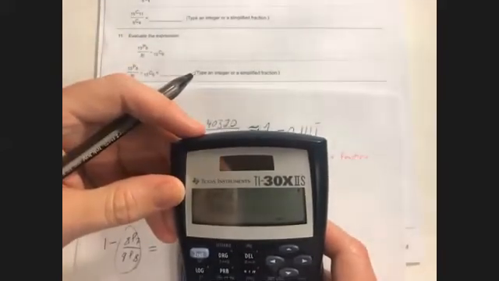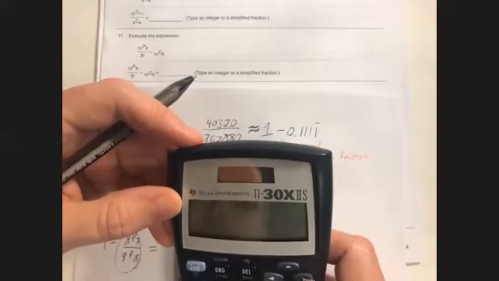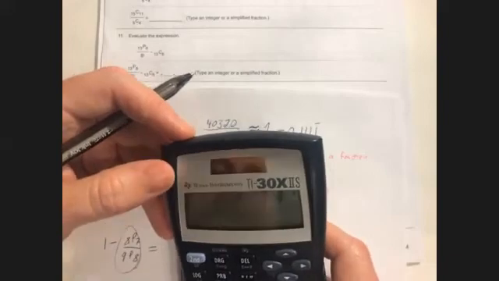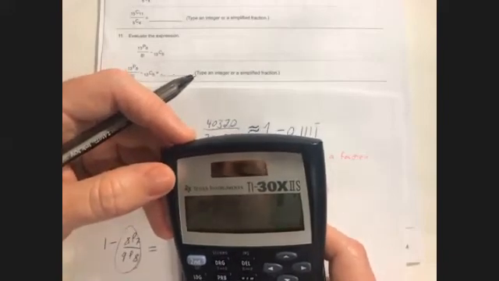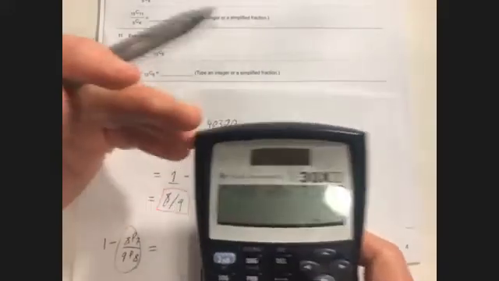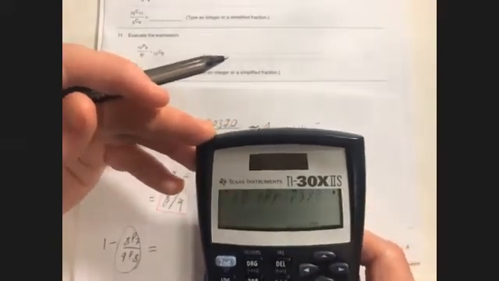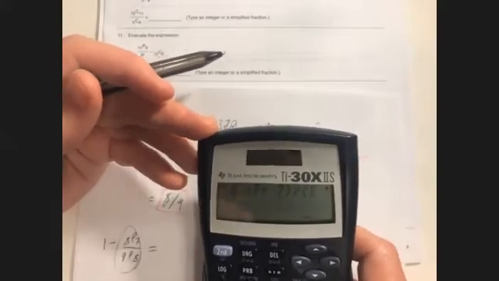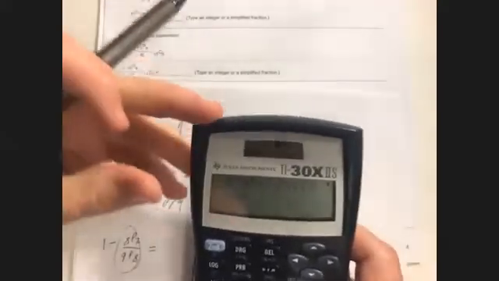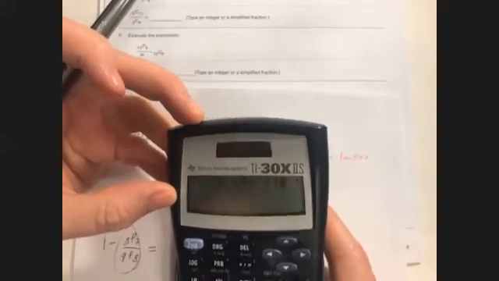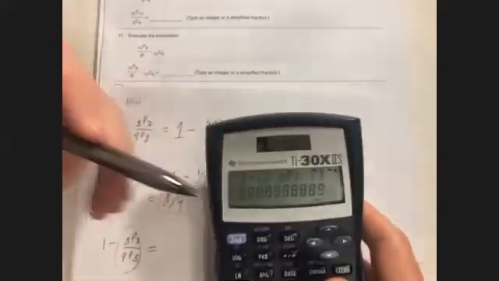Parentheses, 8 nPr 7. That's the top. I have told the calculator by parentheses that's the top. I do division. Now I have to tell the calculator this is the bottom. 9 nPr 8. Close parentheses.